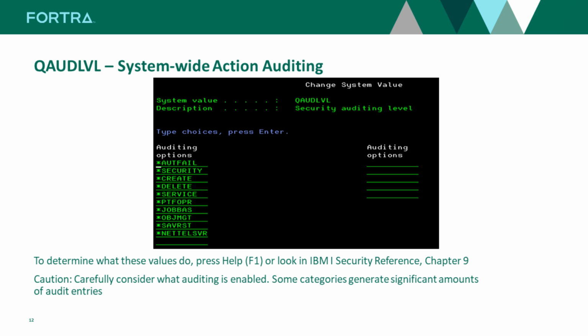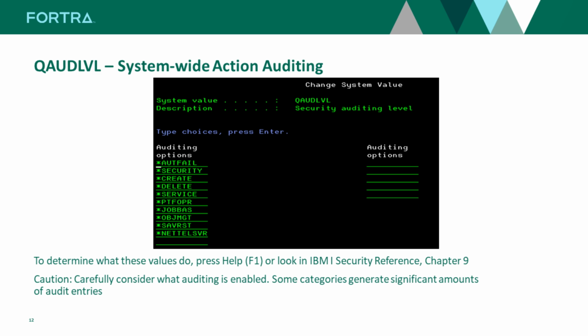The really key values you want to have with no exceptions are going to be authority failures, the security events, right? Those are user profile changes, creates of user profiles, the create and delete of objects, right? We need to know who's creating things on our systems. And gosh forbid, who's deleting things.